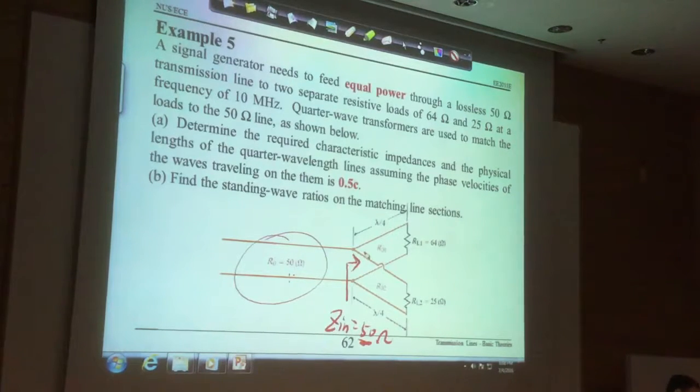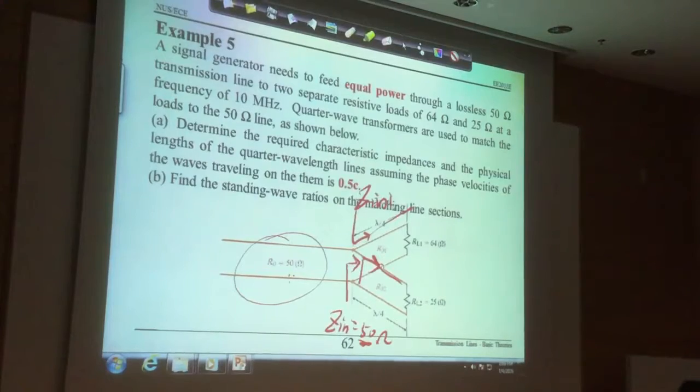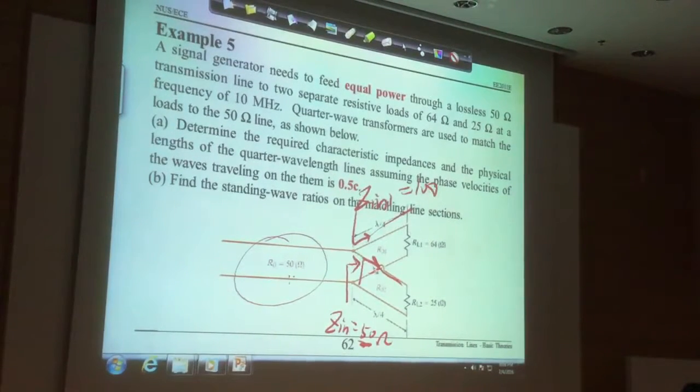So for each path, either this or this, the input impedance, just now the Z in is the overall impedance, right? So for each section, the impedance should be 100 ohm. Then in parallel, that will give us 50 ohm. Now this Z in 1 is equal to 100 ohm.